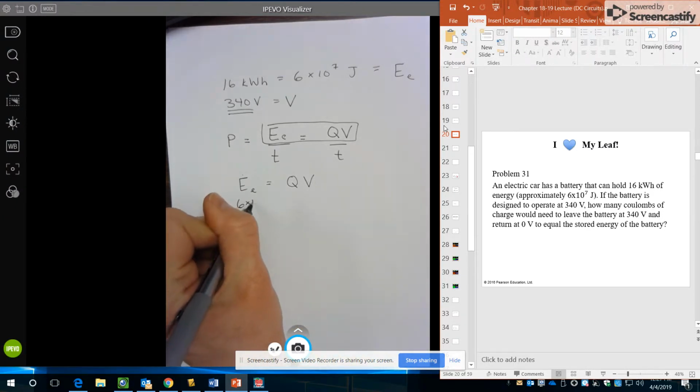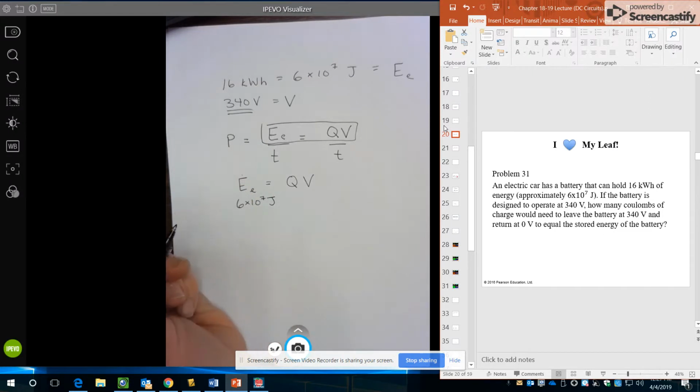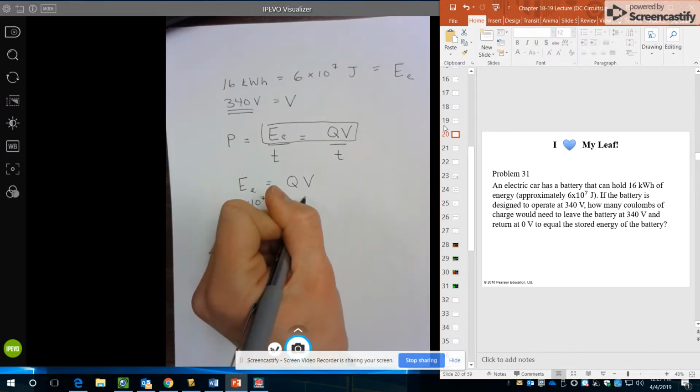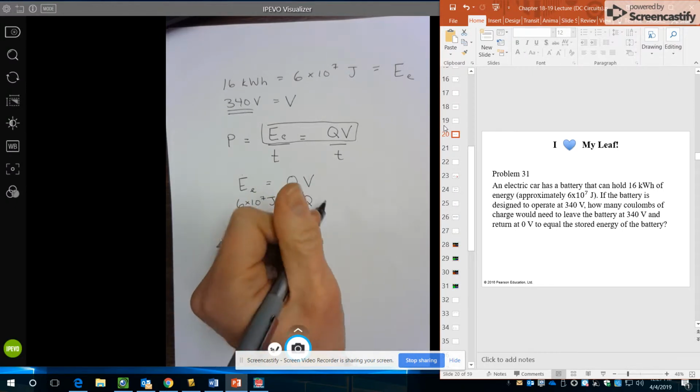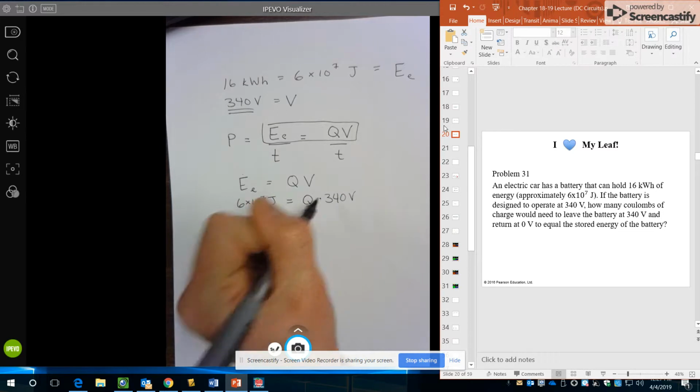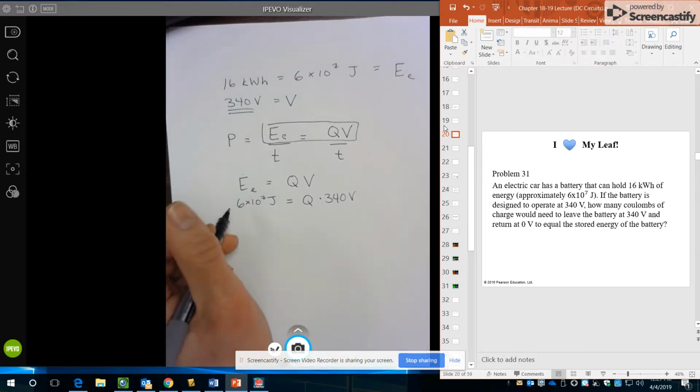So 6 times 10 to the 7th joules of electric potential energy based on the kilowatt hour rating of the battery is equal to the amount of charge available per voltage difference of 340 volts. 0 to 340 volts is a voltage difference of 340.